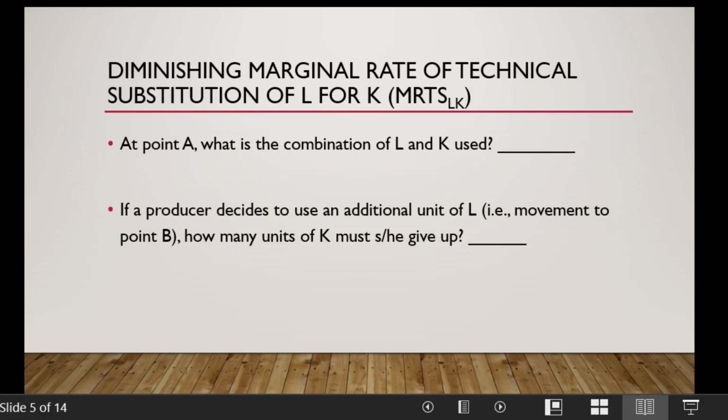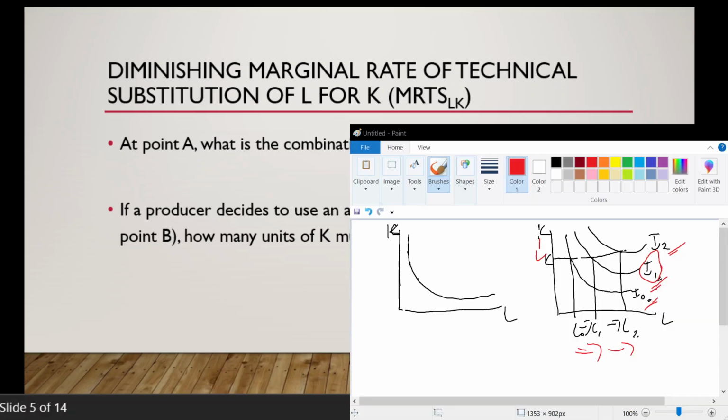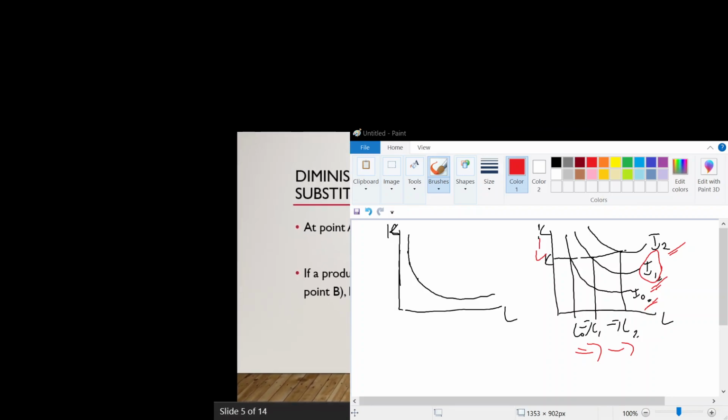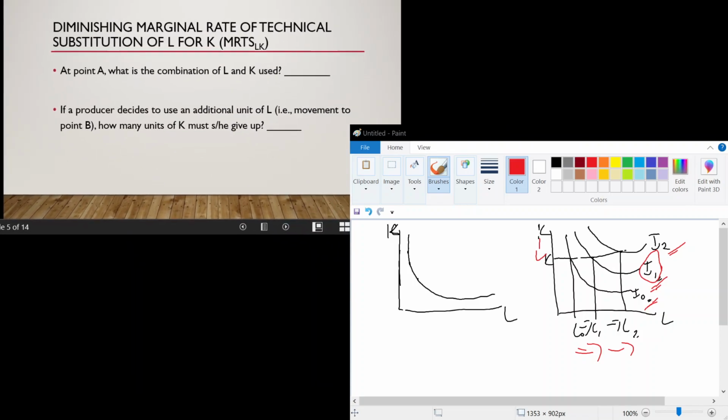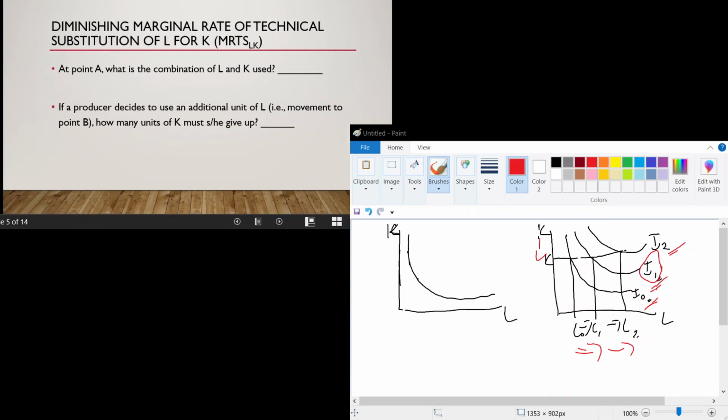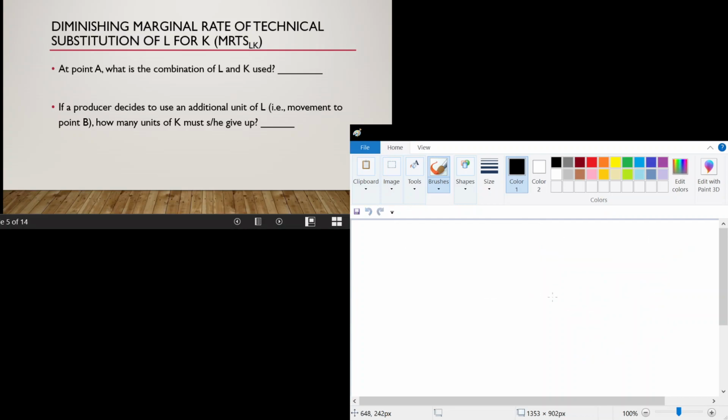Gagawa ulit ako ng graph. I-minimize natin to so that you can see. Okay, so gawa lang ulit ako ng new graph kasi we need to answer this question.